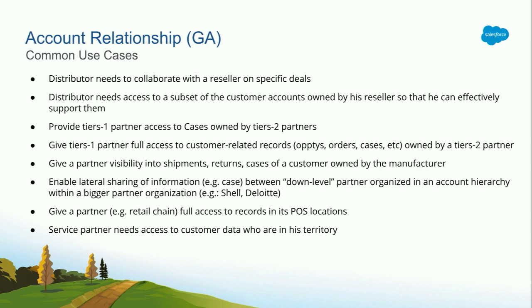Vivek, just to clarify that, so you're saying that we all know that distribution channels in the real world can get very complex, very messy with resellers, distributors, franchisees. And you're saying that now with account relationships, you can enable sharing rules without having to write a line of code? Absolutely. In the past, a lot of our customers relied on Apex code and things like that to share this information.